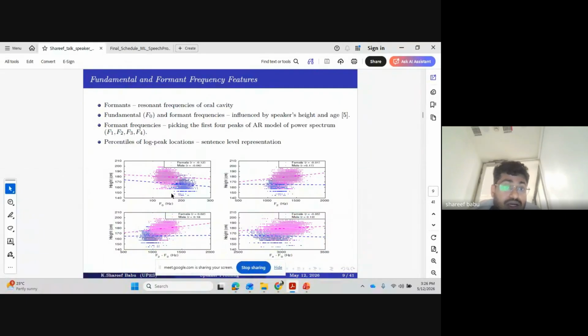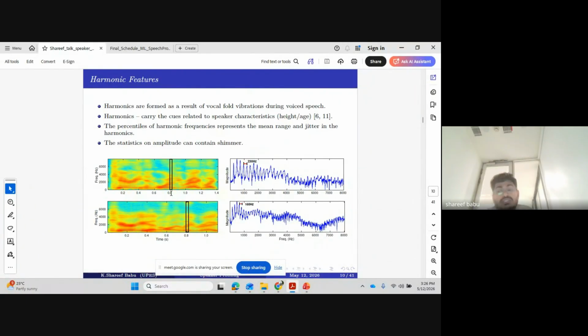Then we also looked at the harmonic features. The harmonic features are the result of your vocal fold vibrations during voiced speech. For example, to understand from your side, if you place your thumb or any finger on your throat, you can feel the vibrations when you say a vowel, like a, e, u, all the vowels.